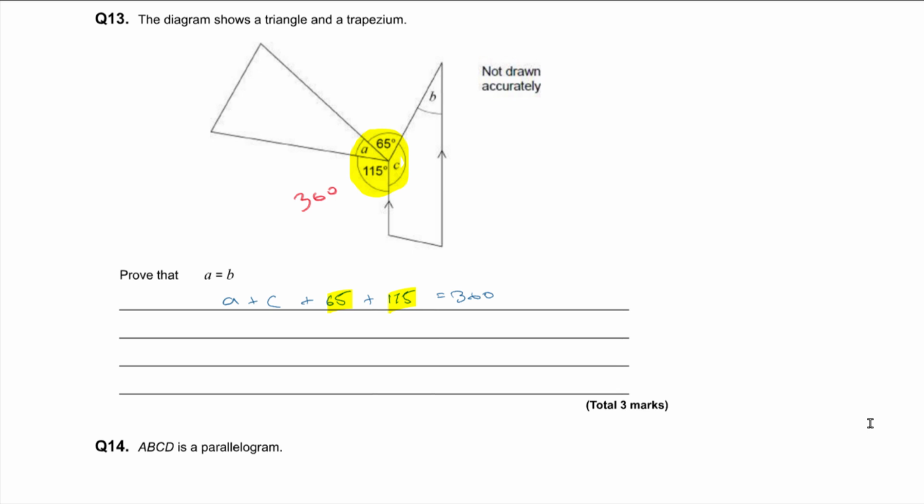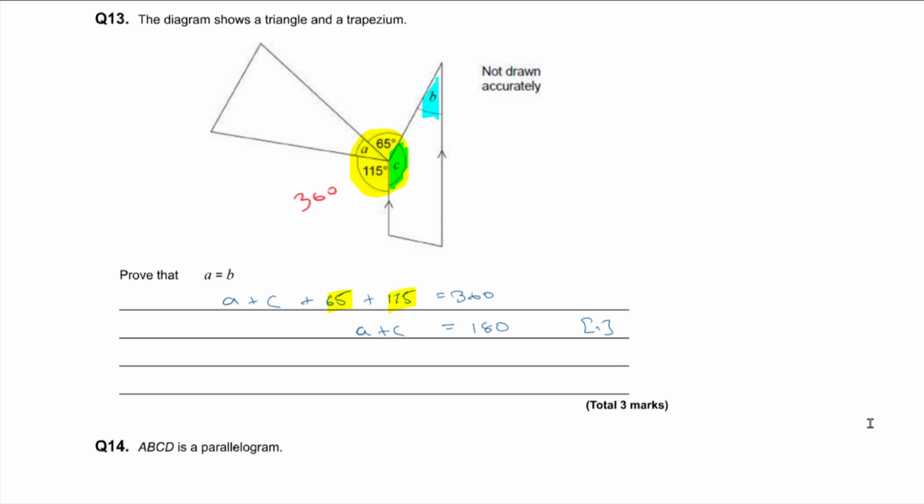So that means that A plus C is equal to 180. Okay, so that's one equation that I know. And then I can work out a second equation in the trapezium by the fact that this angle here is co-interior with this one here, isn't it?